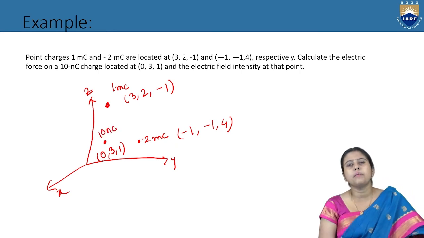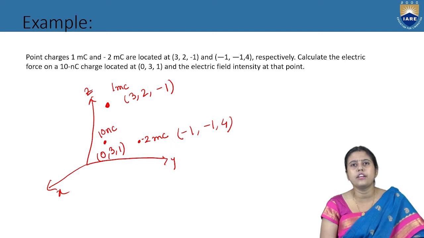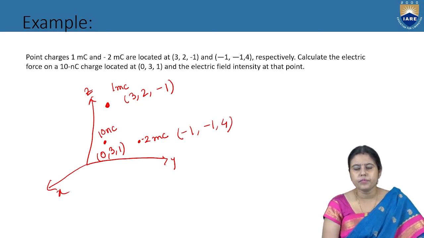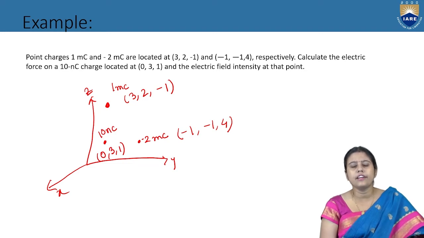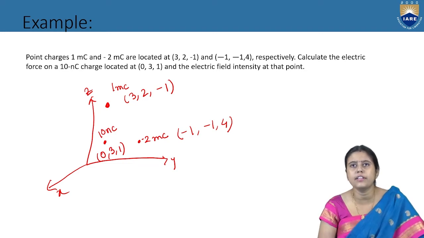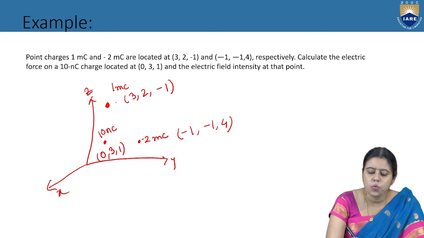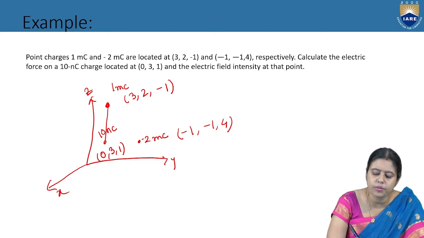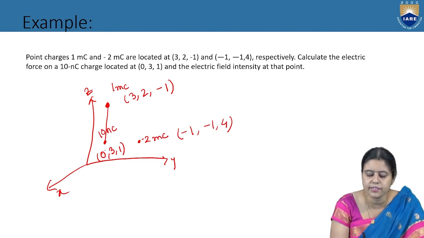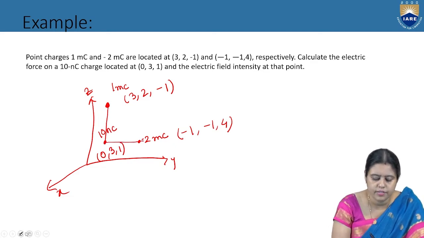nanocoulomb. What is the meaning of nano? Nano means 10 to the power minus 9. Milli means 1 into 10 to the power minus 3. So we have to calculate the electric force. How do we calculate it? The procedure is very easy. We have to connect these two points and these two points.